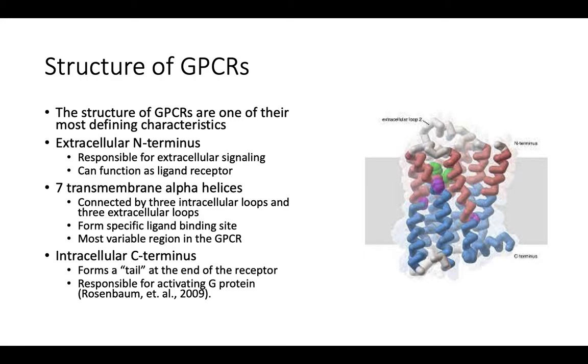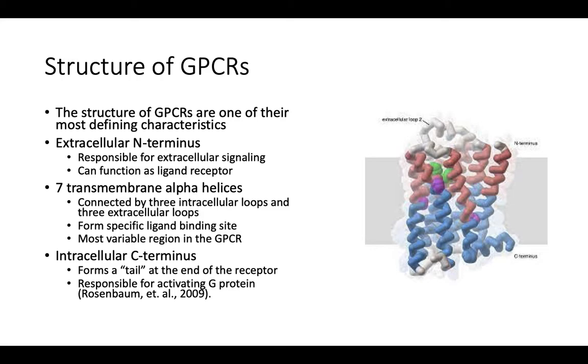One of the more notable things on a GPCR is the extracellular N-terminus. You can see that up here, actually right there. That part's just going to stick out of the cell, and it's important for a couple of reasons.